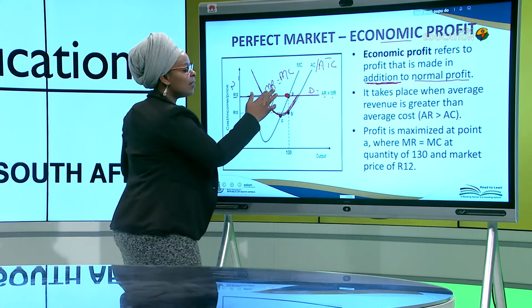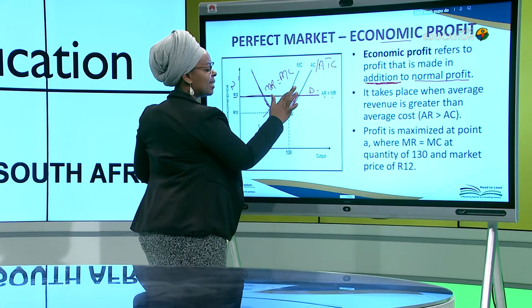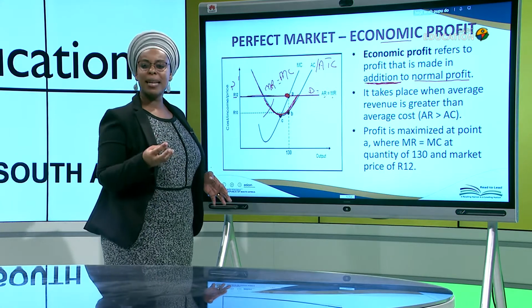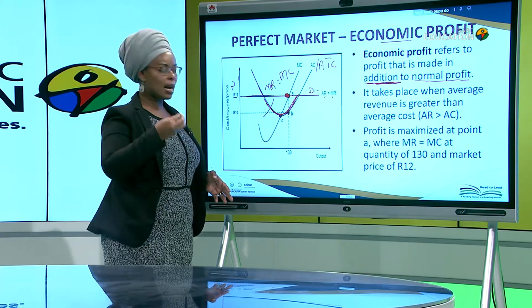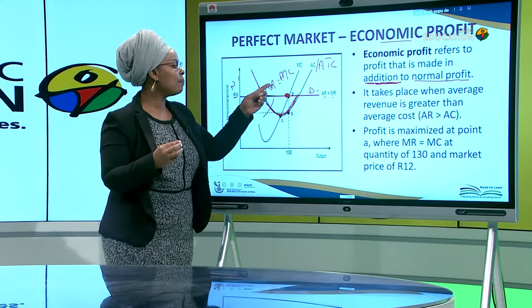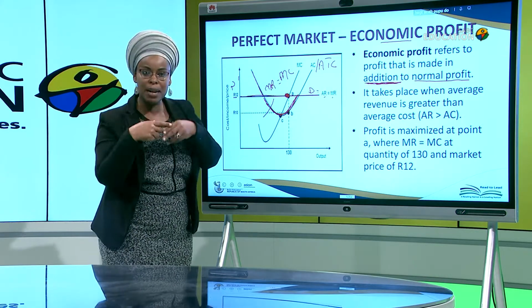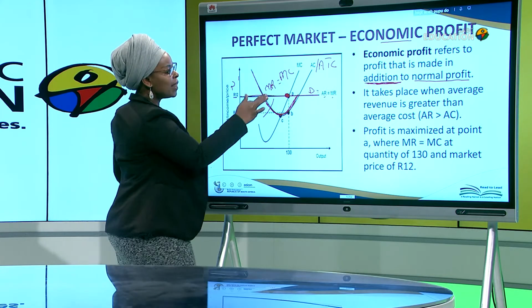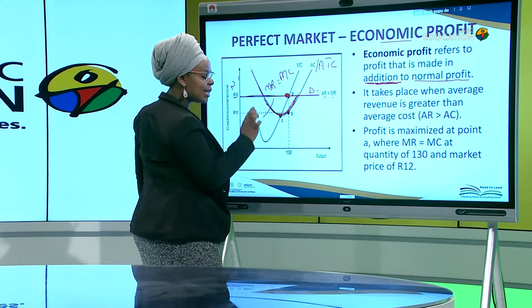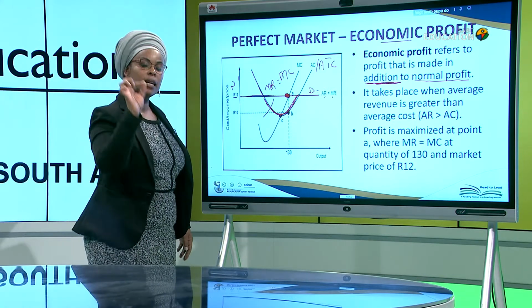You can label it with a different letter. It can be A, B, C, D, or E, but the one which is easily remembered is an E. If you write an E, you'll remember that MR and MC are in equilibrium. They are equal.